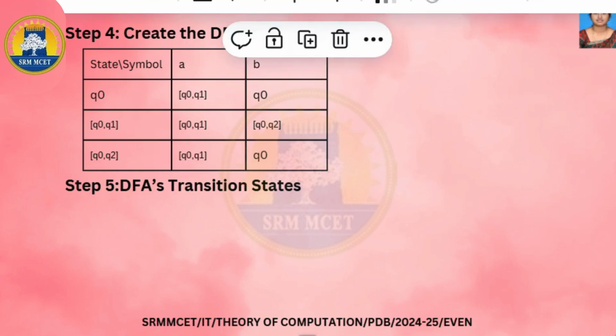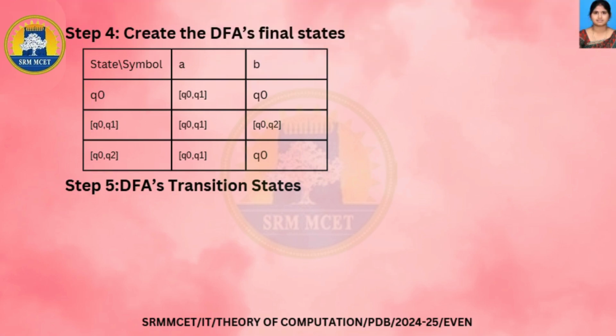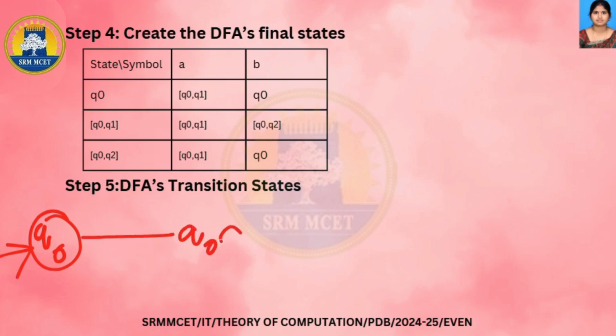Now let's draw the DFA diagram with the help of the created DFA transition table. Here the starting state will be Q0, which we represent with this arrow. Q0 using the input A changes to the state Q0 Q1, and Q0 using B changes to a self loop.